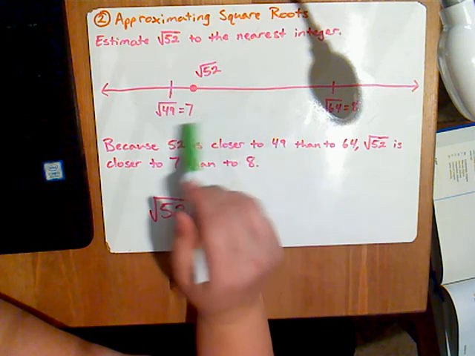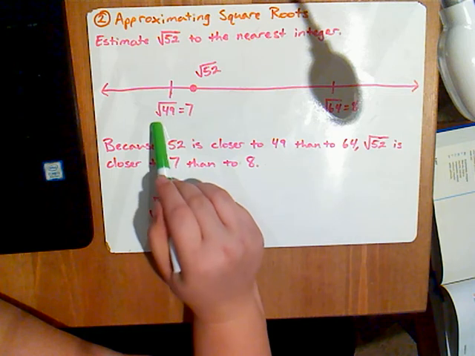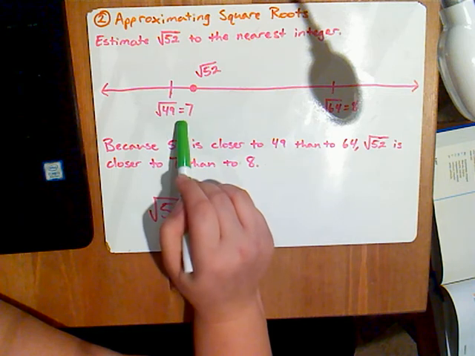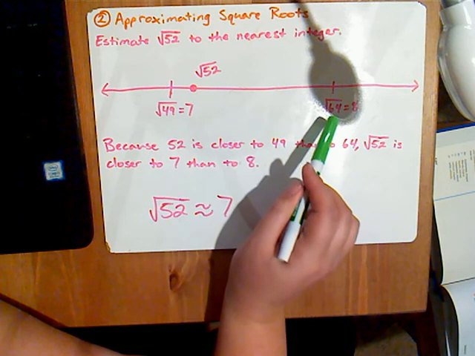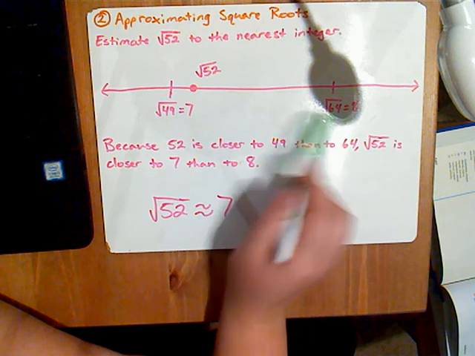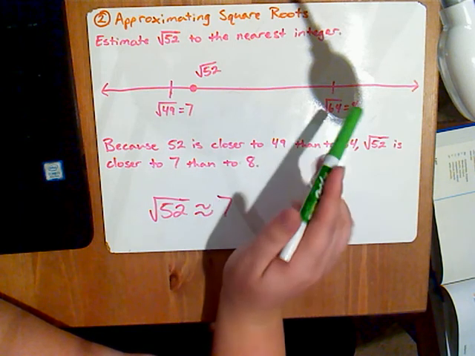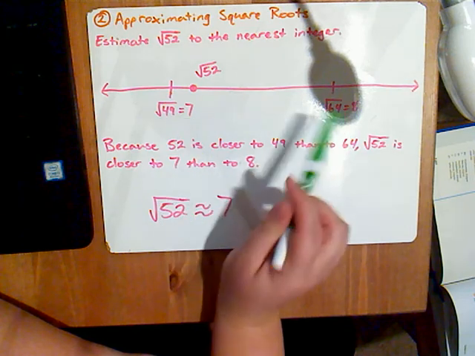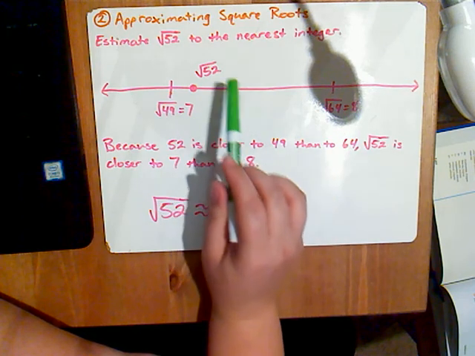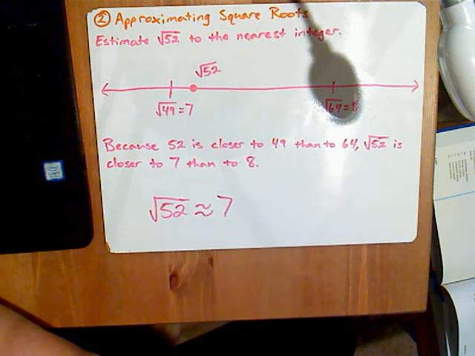So the square root of 49 is 7, and then the square root of 64 is 8. So those are going to be the closest perfect squares that we would be dealing with.